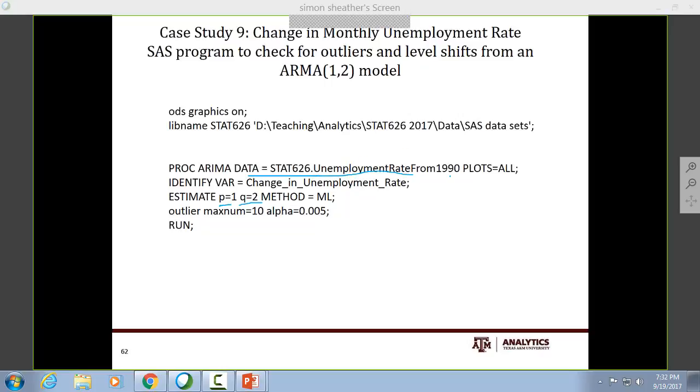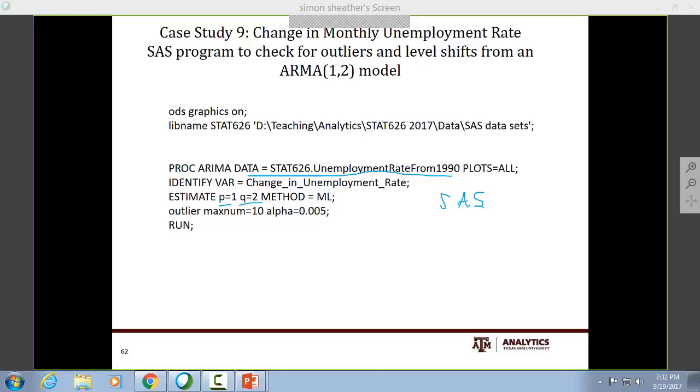What I've done is make sure I have missing values for the last few time points. Because as we talked about in the online office hours, that automatically makes the additive outlier variables and the level shift variables the right length. Otherwise, you won't be able to do forecasts.